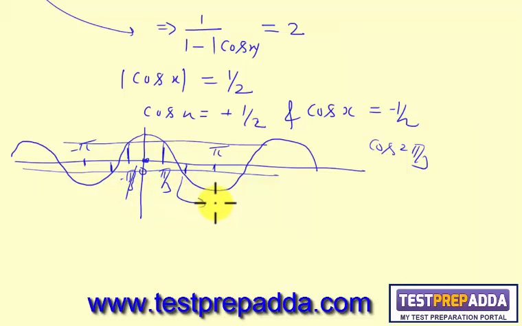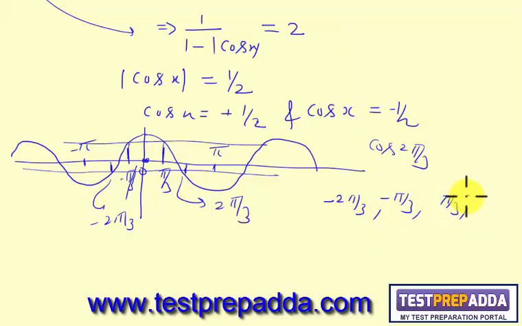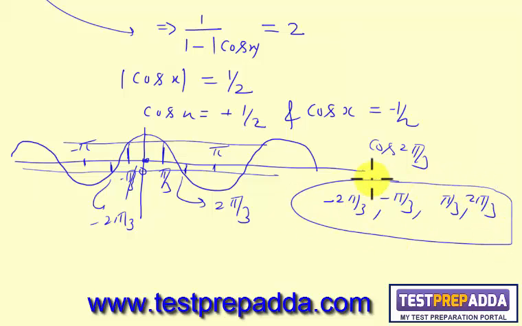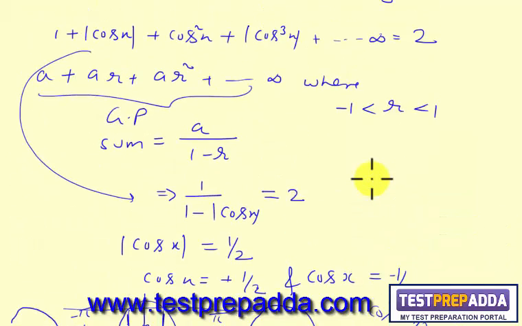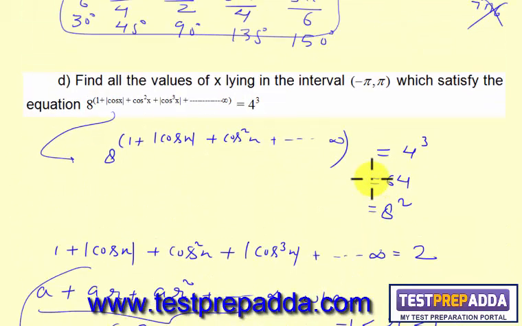This is 2 pi by 3 and this is minus 2 pi by 3. So solutions will be minus 2 pi by 3, minus pi by 3, pi by 3 and 2 pi by 3 in the given restricted domain. Okay.